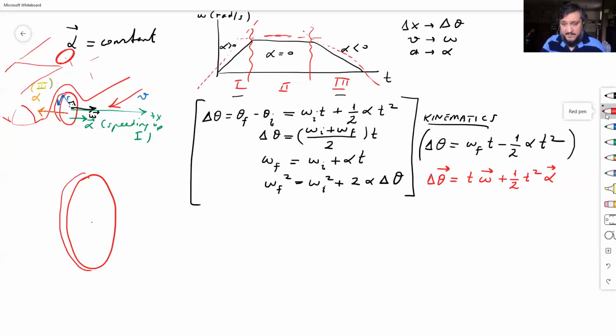So a point R1 away from the center, and another point R2 away from the center. These share the same omega and therefore the same alpha, but the linear speeds will be different.